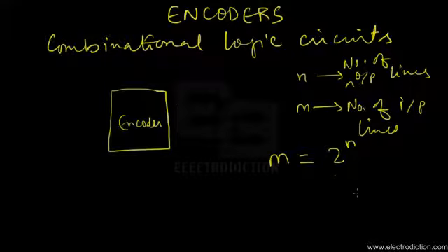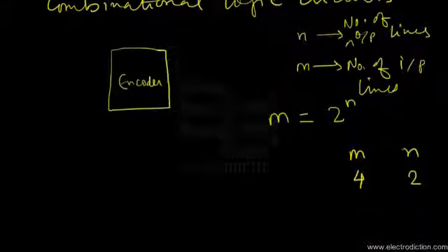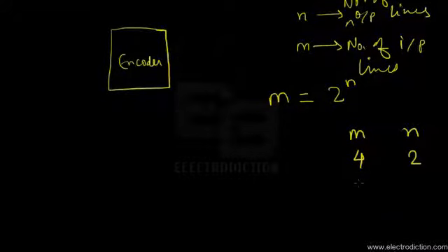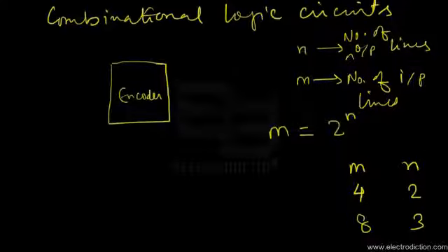If an encoder has 4 input lines, then it would have 2 output lines, and if it has 8 input lines, then it would have 3 output lines, and so on, depending upon the number of input lines the encoder should have.